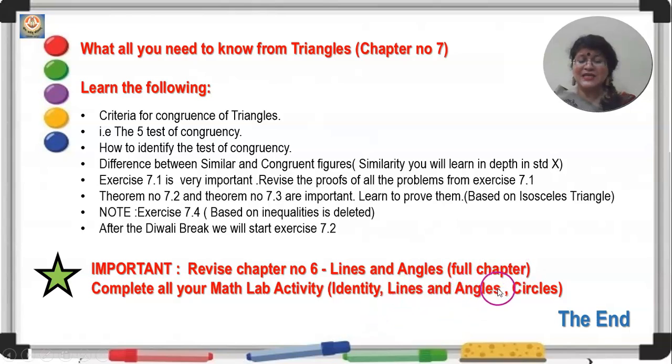Then lines and angles, the angle-sum property of a triangle, was another MATLAB activity. I hope you have completed that. And from circles, one activity was given, that is, the measure of the angle subtended by an arc at the center is double the measure of the angle subtended by the same arc at any other point on the remaining part of the circle. So that activity was also done. So I hope you have completed your MATLAB activity. If not, please do it.